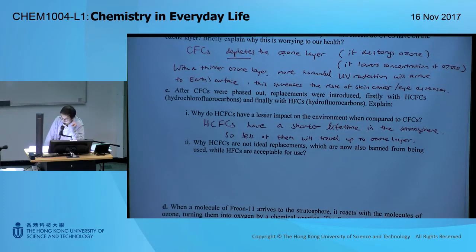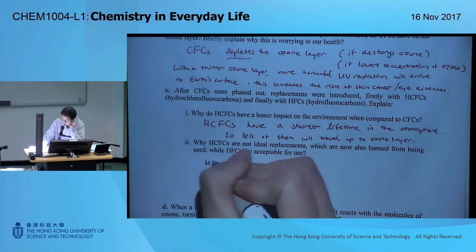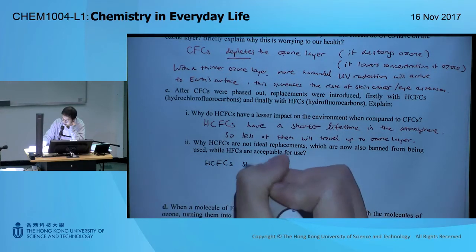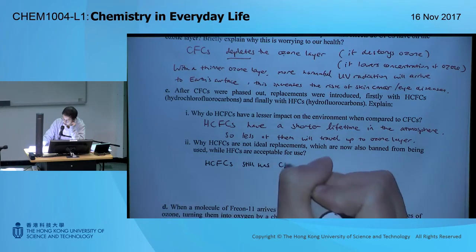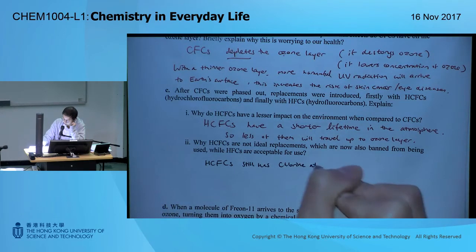So why are HCFCs not ideal replacements, which are now also banned, and HFCs acceptable? Well, because HCFC still has the chlorine atom. So it can still form the chlorine radical, which can destroy the ozone layer.